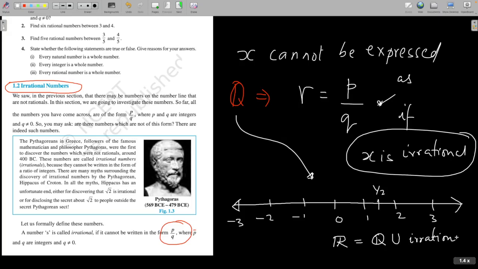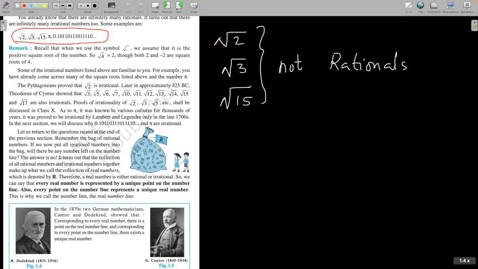So the first question that comes to our mind is, are there examples of irrational numbers? And in your book, there are a few nice examples on the next page. I've just highlighted the examples in your book: square root of 2, square root of 3, square root of 15. And there's also one very interesting example here.